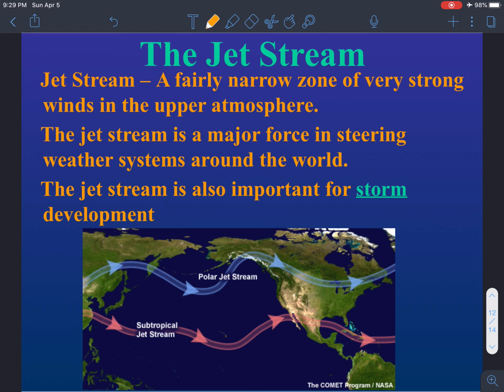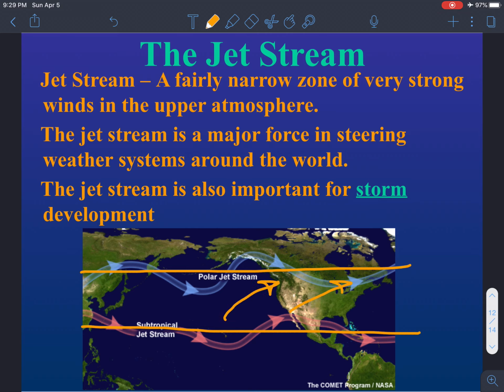Okay, another factor that is caused by all of this air movement is something called the jet stream. And if you recall, or look in your reference table, between 30 north and 60 north, which would be just about in between here, you'll notice that the arrows go in that direction.